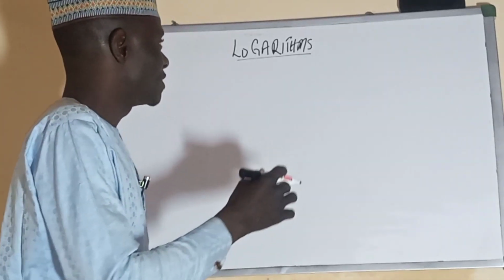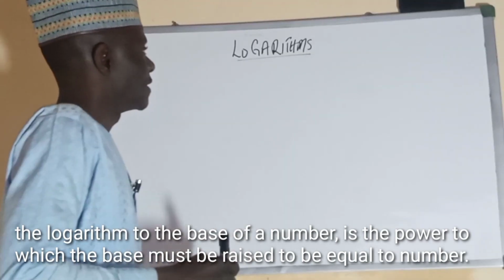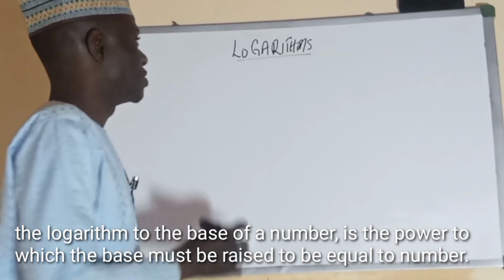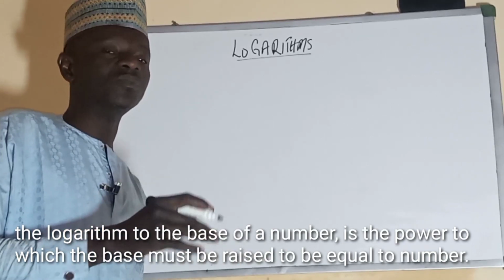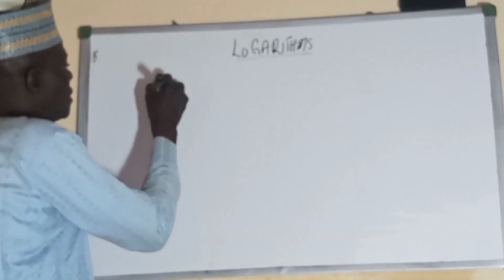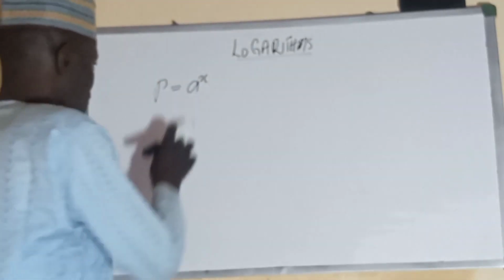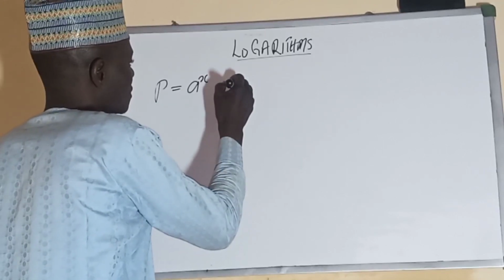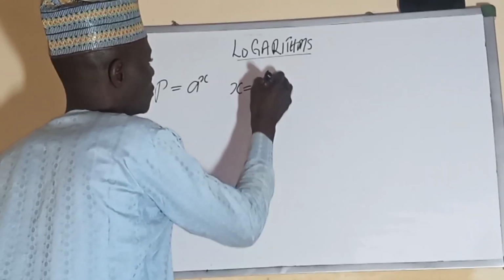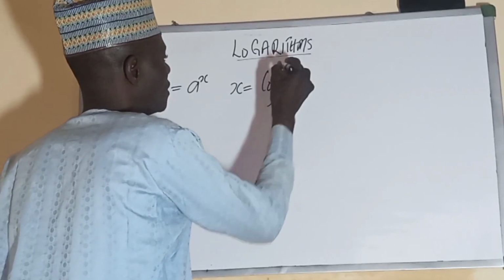When we say logarithm to the base of a number, it is the power or the index to which the base must be raised to be equal to that number. For instance, we have p is equal to a raised to the power of x. Then this x is the logarithm to the base a of p.